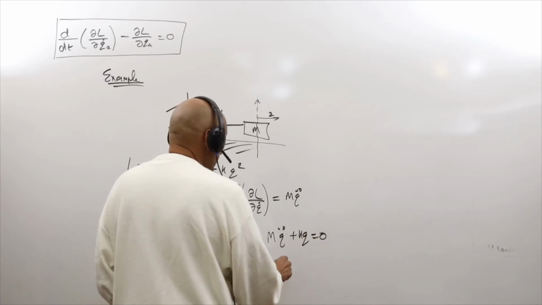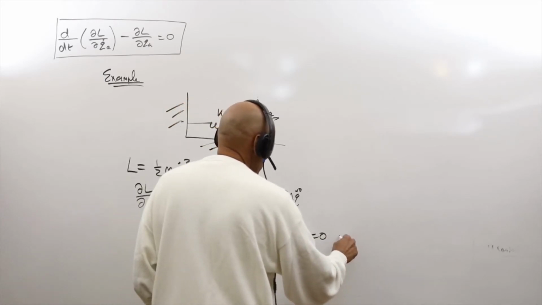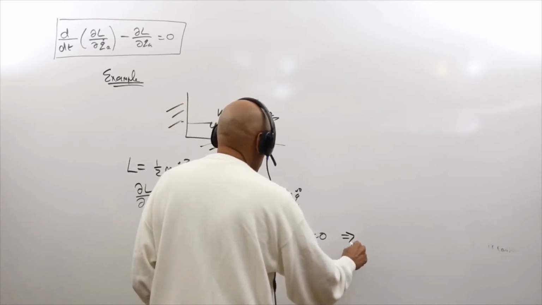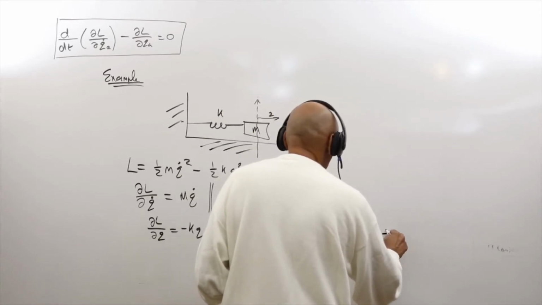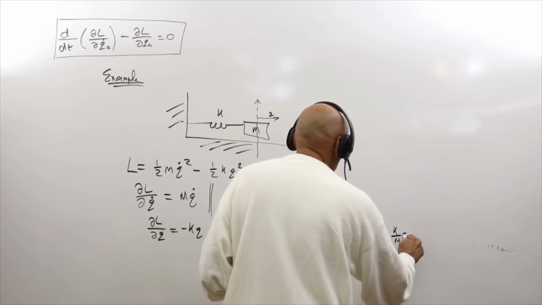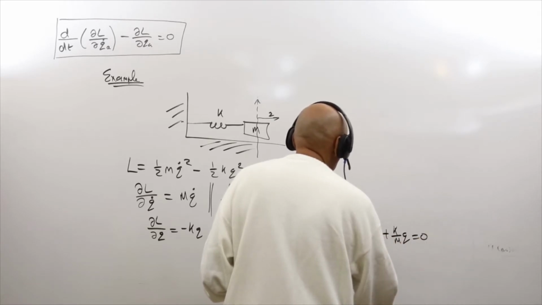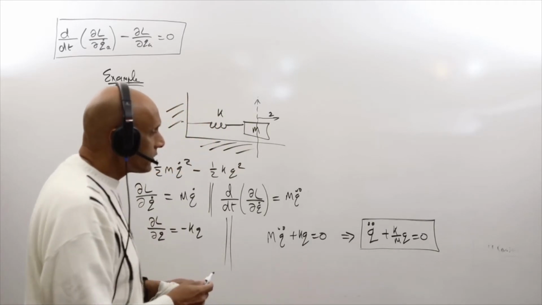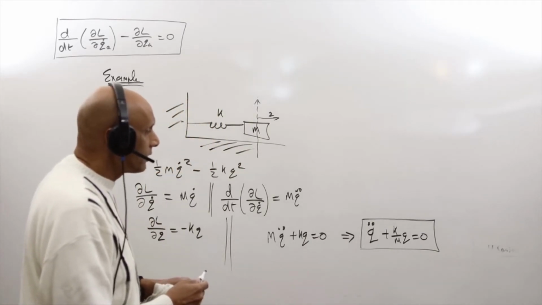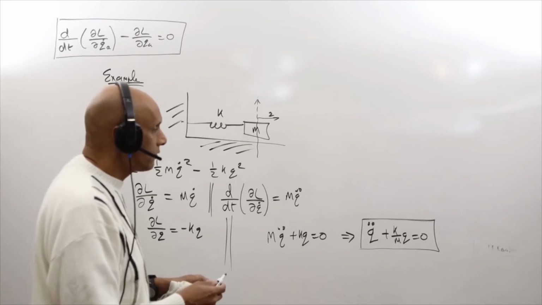And we divide by m if you want. And if you remember, this is the generalized form of a second order differential equation with linear homogeneous coefficients.